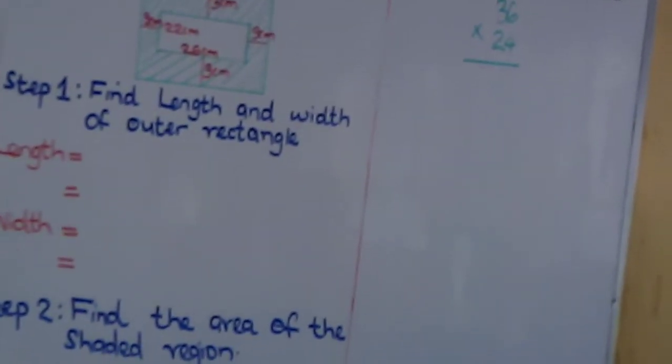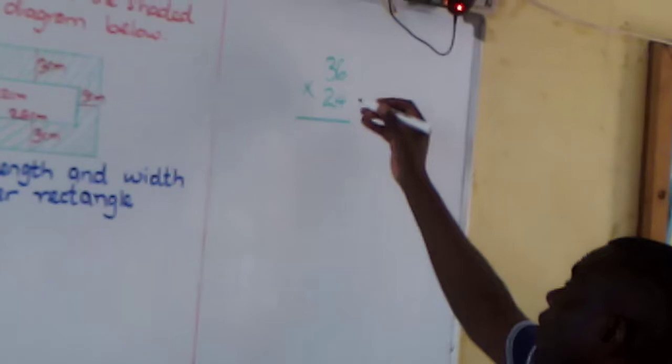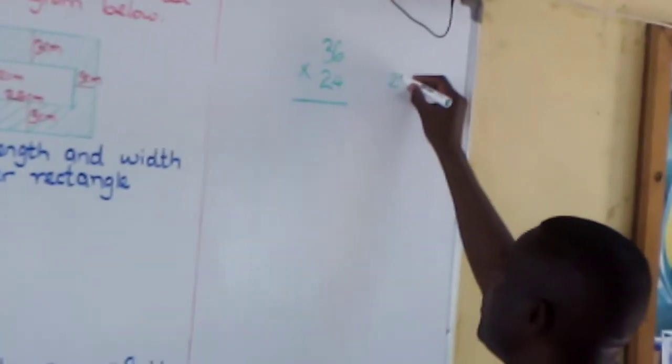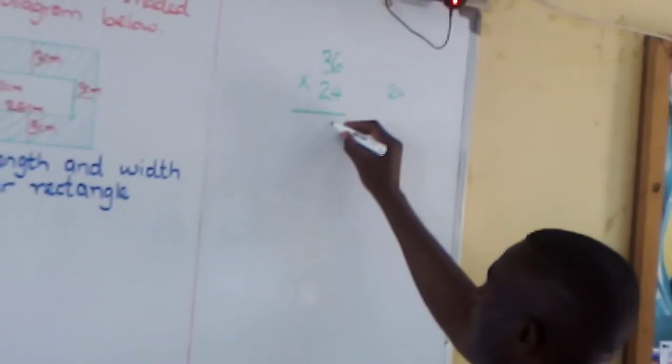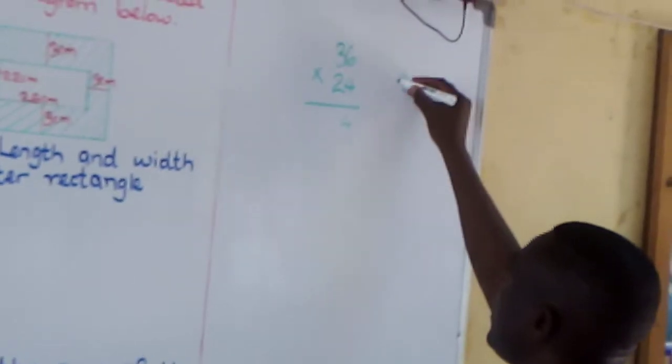What is 4 multiplied by 6, boys and girls? Good. 4 multiplied by 6 is 24. And so we are writing 4 and carrying 2.